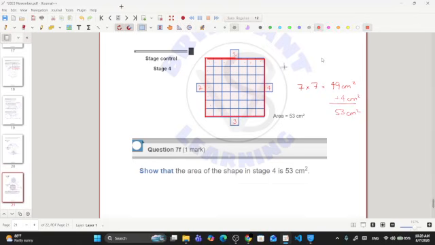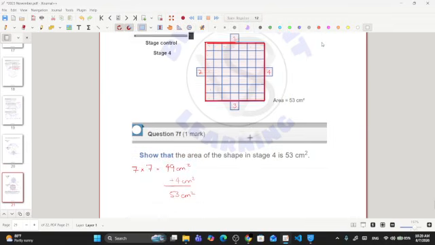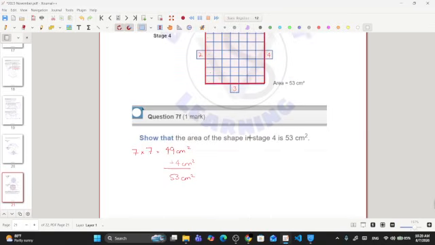Hence we've proven how the answer of 53 centimeters square is essentially correct. This is one of the few basic things.